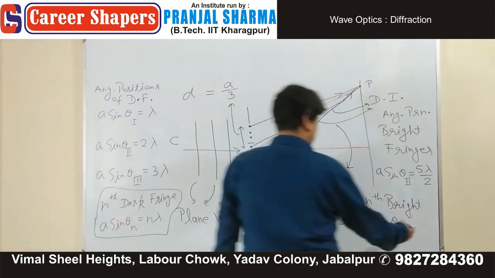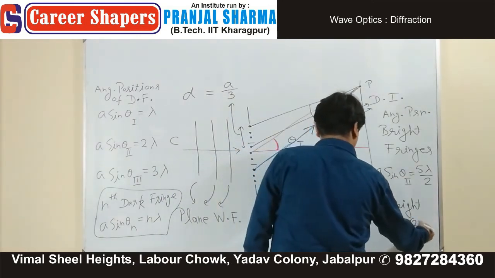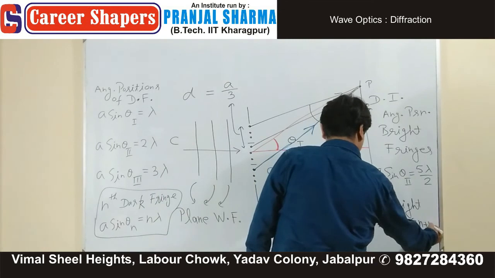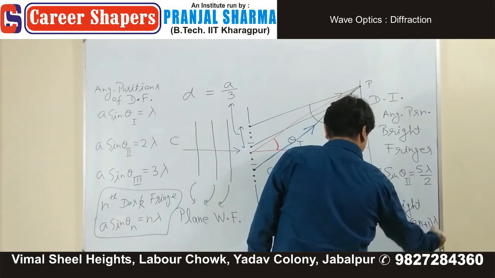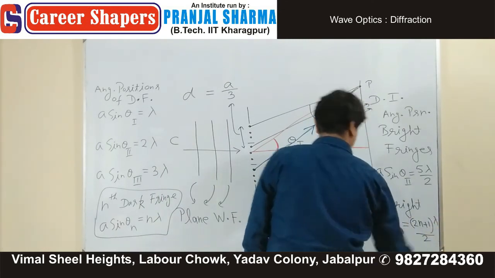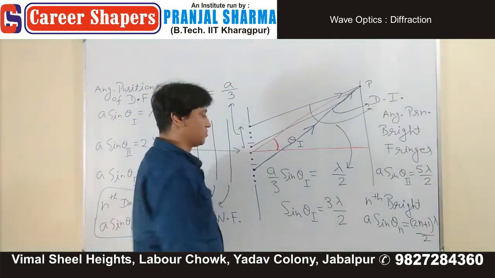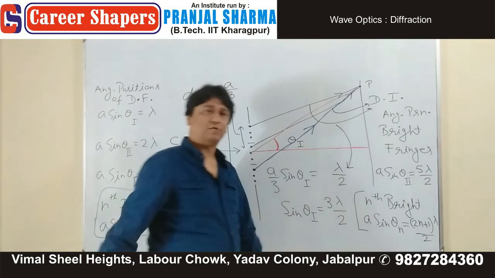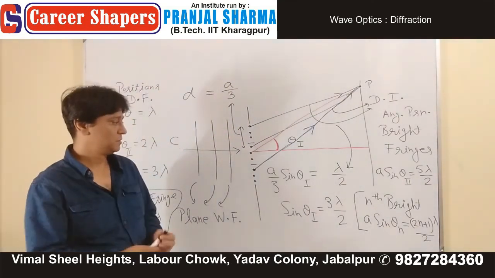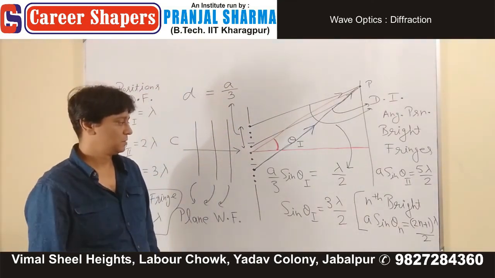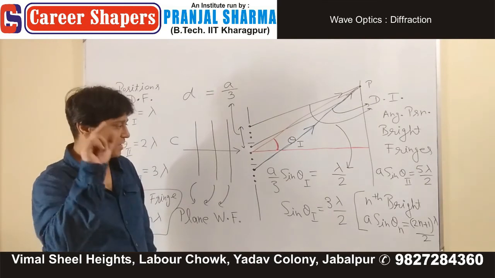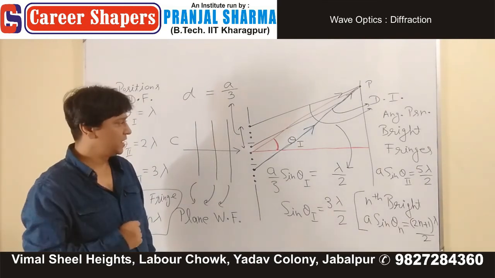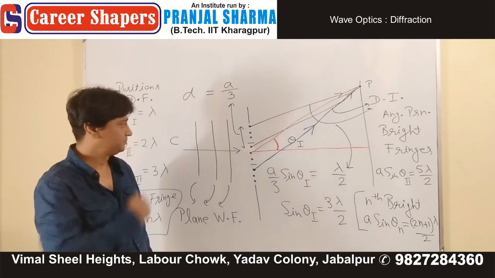The formula is what? 2n plus 1 lambda by 2. This is the formula for the nth bright fringe. Write down this formula first, and then 2-3 lines.